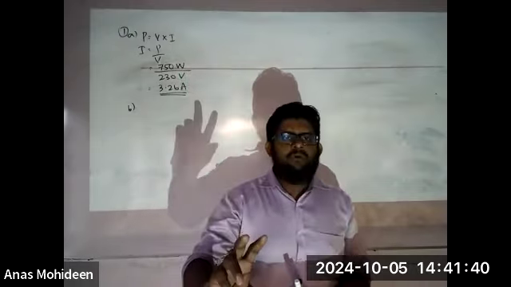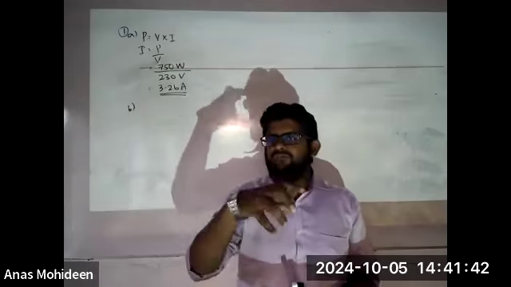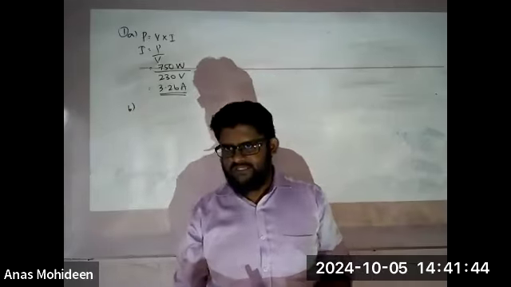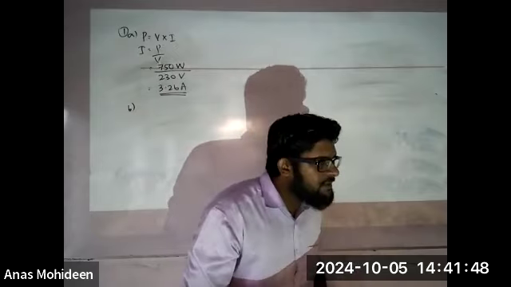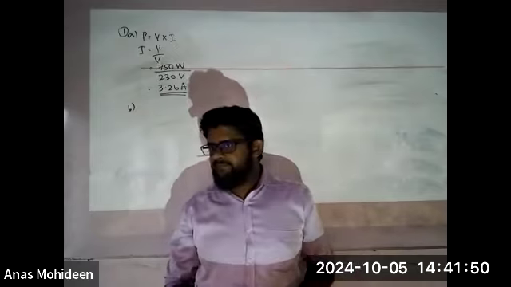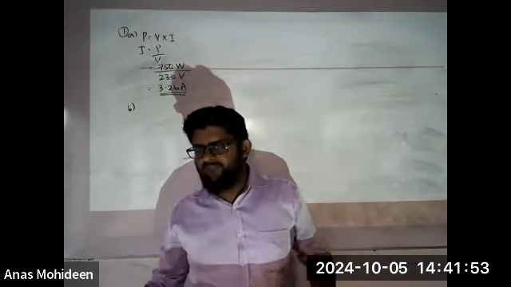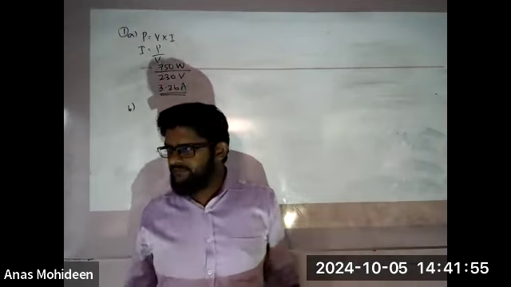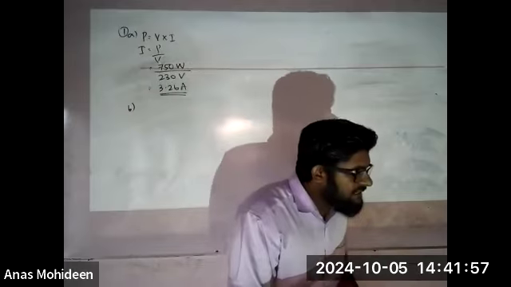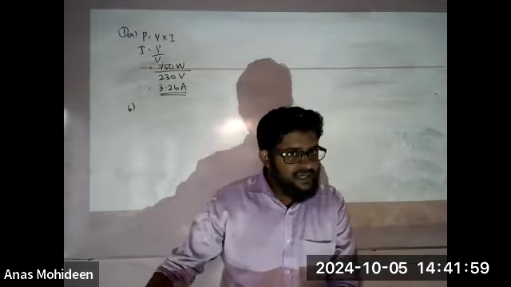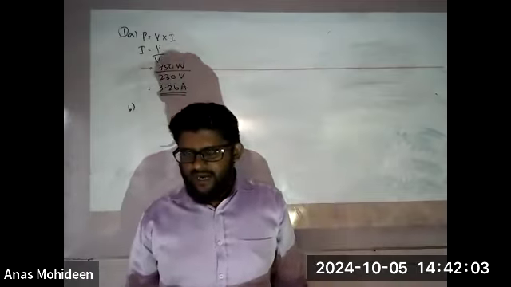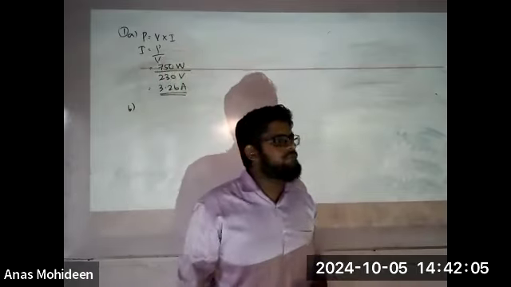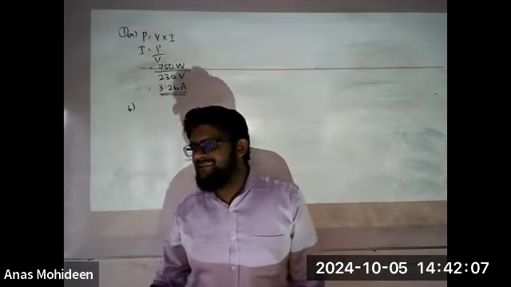So the more energy is lost, the efficiency will be reducing. 100 units of energy is the input. You are using 70, 30 lost out, means your efficiency of the machine is 70%. If you are using only 30 and 70 lost out, efficiency is just 30%.